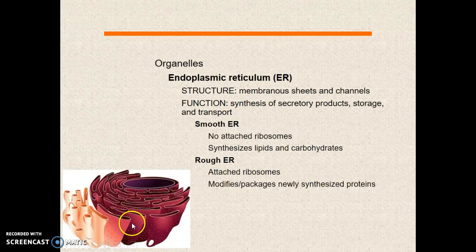The ribosomes are the protein synthesizing factories, and the protein that's made will enter the rough ER for transport and modification. If it's smooth ER with no ribosomes, that function is completely different. The function is to synthesize lipids and carbs.